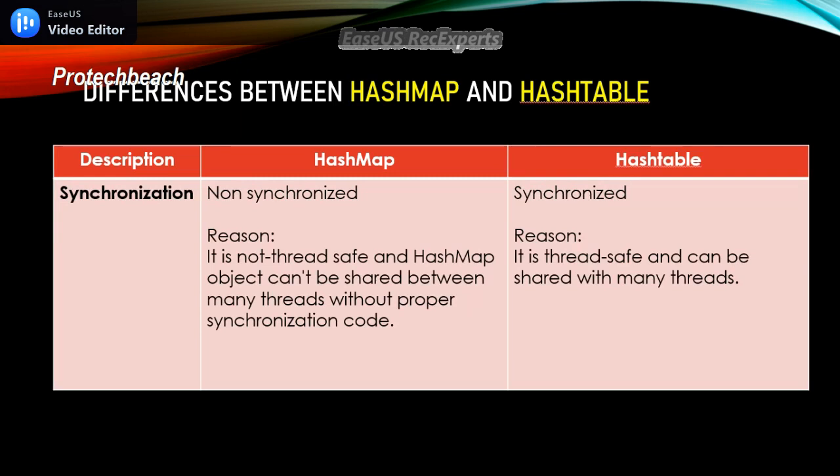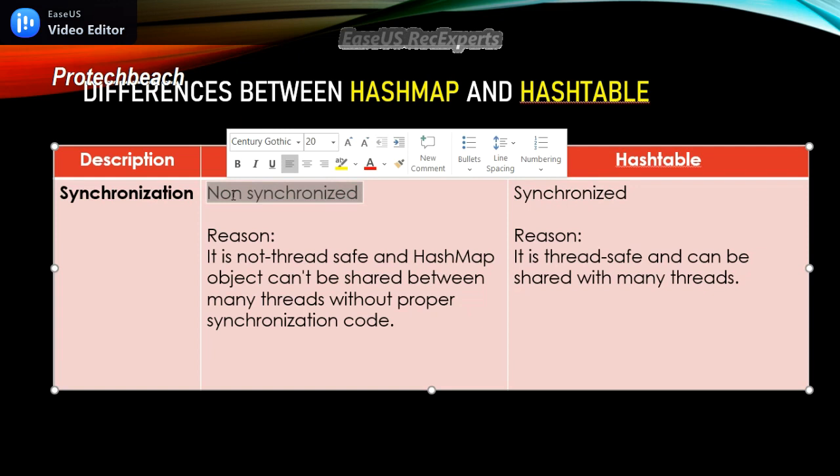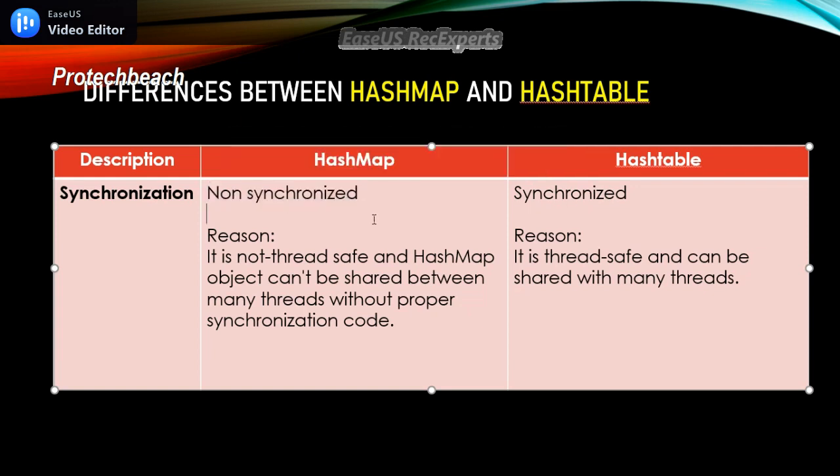HashMap is non-synchronized and Hashtable is synchronized in nature. Non-synchronized means that if you create a HashMap object, this object will allow multiple threads to operate on it. For example, if one thread is working on the insertion operation of the HashMap object, another thread can work on the search operation.